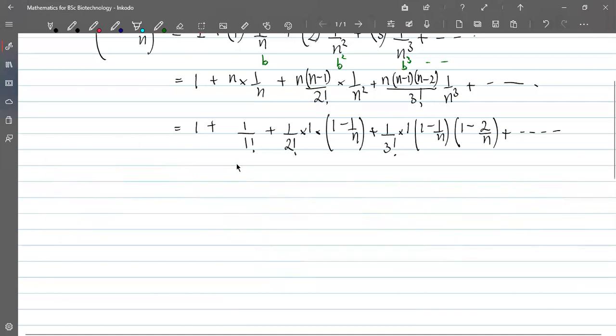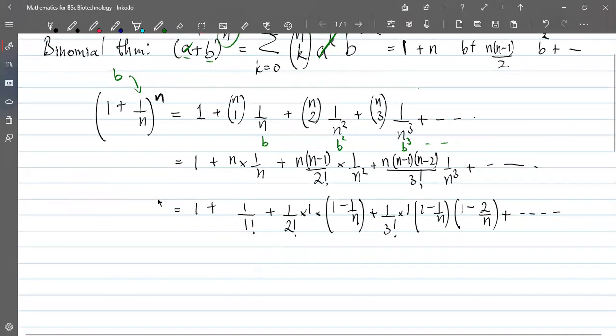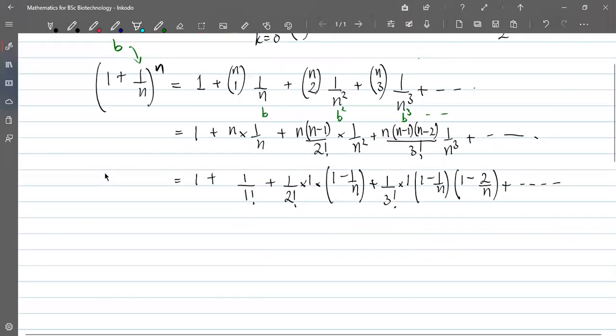Now we need to evaluate this as a limit. So as I said, this is only the expansion. So when we apply the limit, what happens is, now n is approaching infinity.